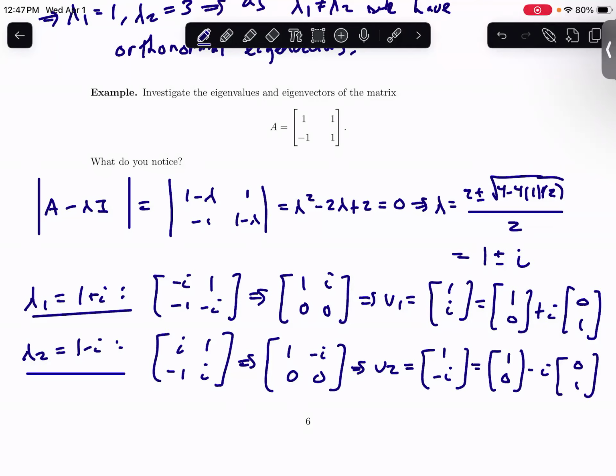So I'm asking, what do you notice here? Does anyone see what's going on between the eigenvalues and the eigenvectors, or at least a relation that exists between the two eigenvalues we have and the two eigenvectors we have? How do they relate to one another? Maybe it's been a long time since you've seen this term.